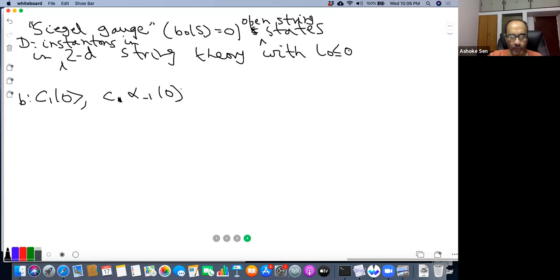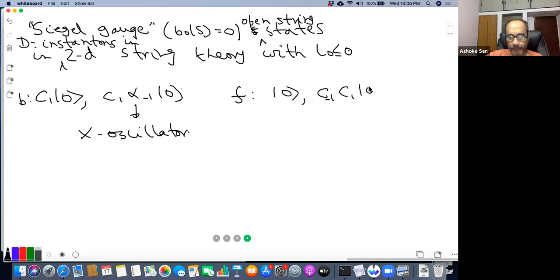So they have odd ghost number, that means these are bosonic states. This is a tachyon, for example. This is the massless bosonic mode that translates the D-instanton. Alpha is the X oscillator, the oscillator associated with the time coordinate.